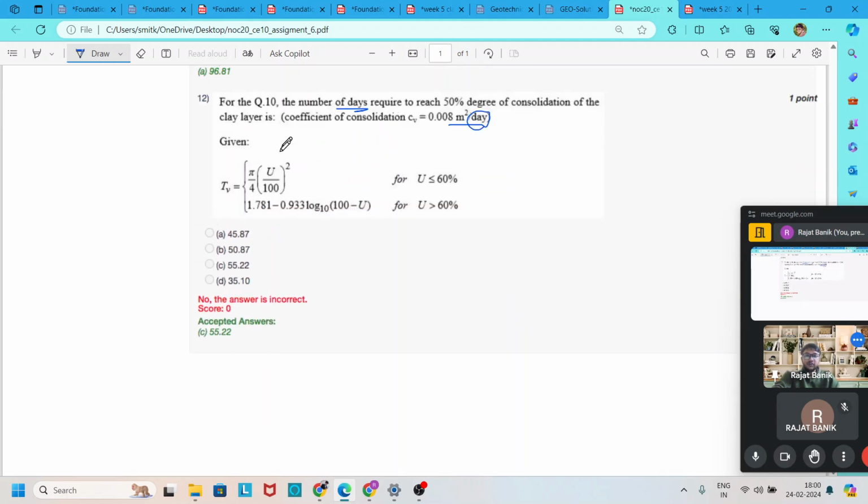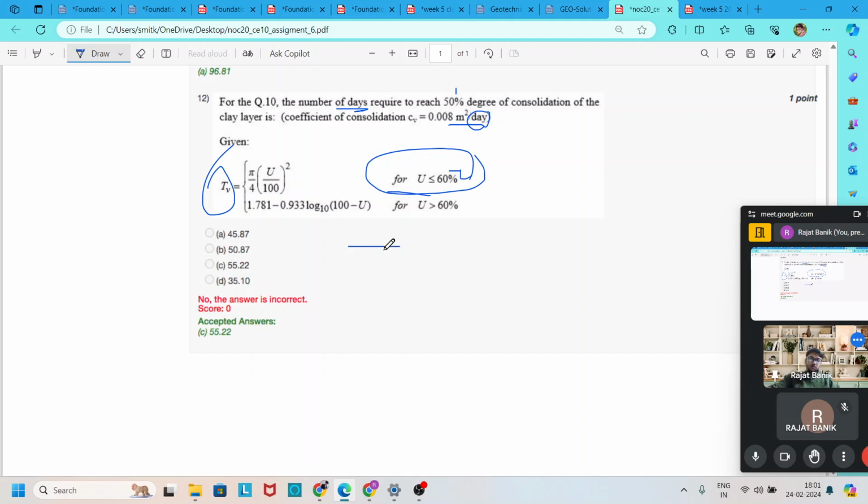For this, we first have to find the time factor, which depends on the degree of consolidation, and in our case it is 50%. So we use this formula: Tv is equal to pi by 4 into U, the degree of consolidation, divided by 100, whole square, because our degree of consolidation is less than 60%.